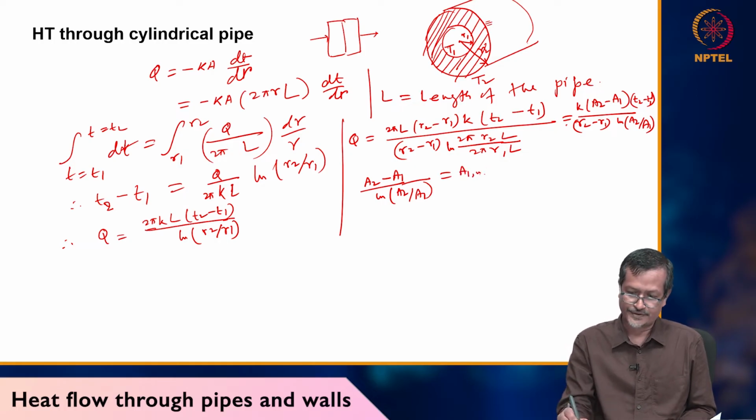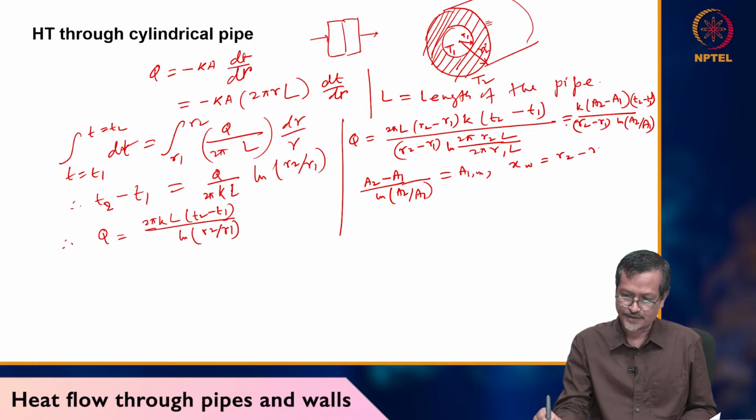A1m, they have taken this notation, and xw equals R2 minus R1.